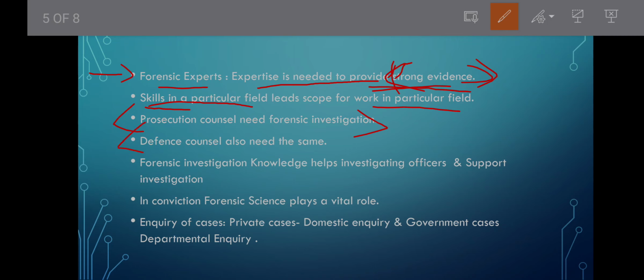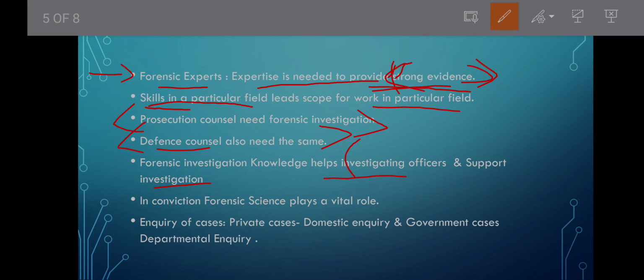Then also in the defense counsel, we need forensic investigation, for example if something is missing or if anything is found at a particular place. Forensic investigation knowledge also helps the investigating officers and supports the investigation.